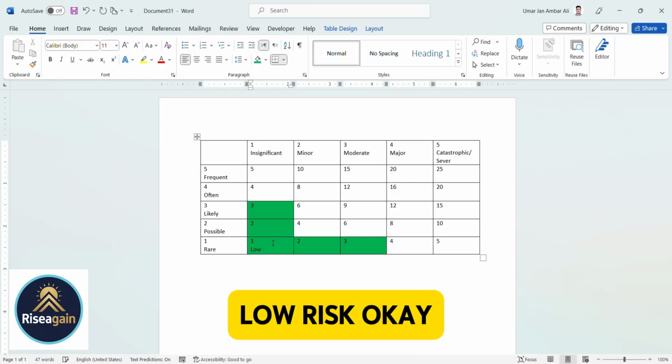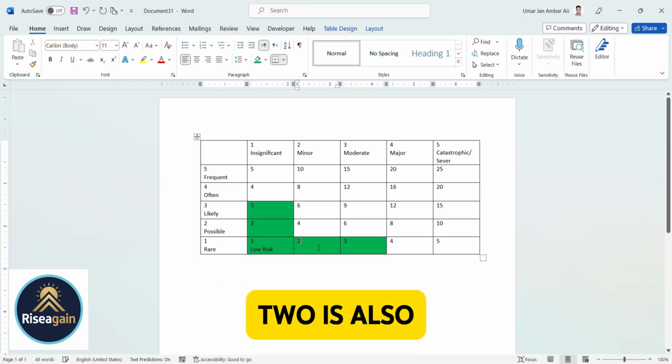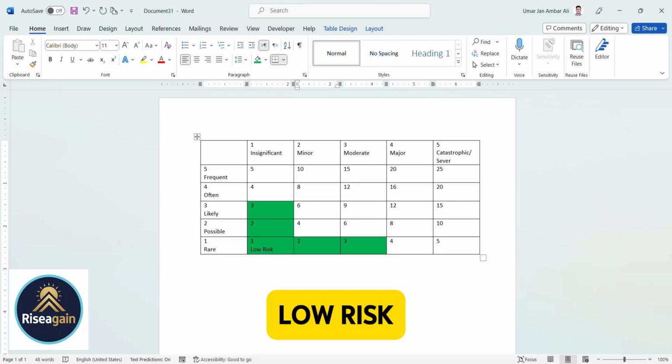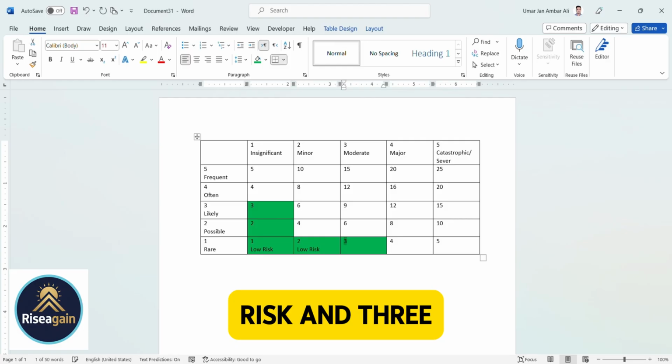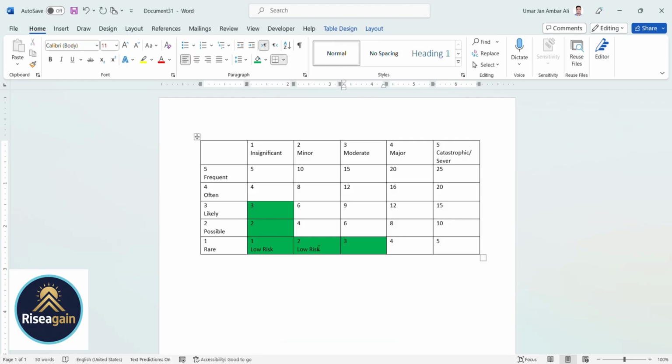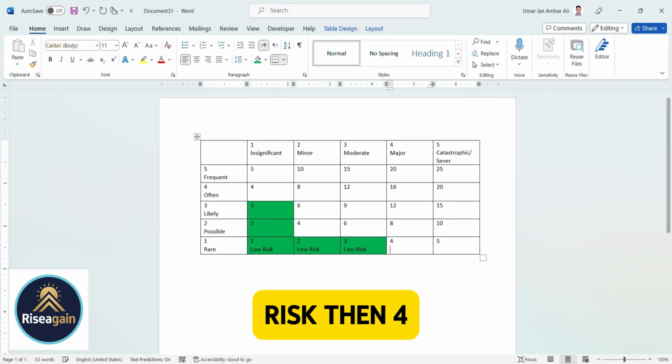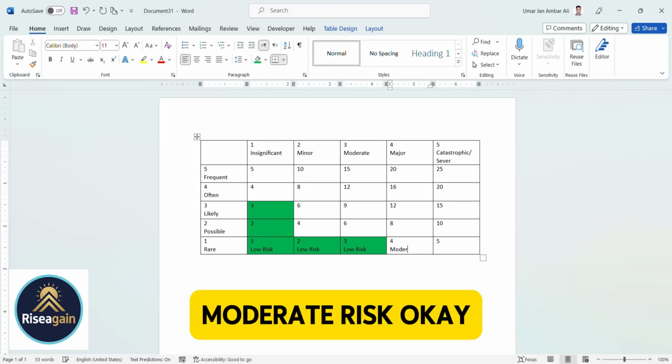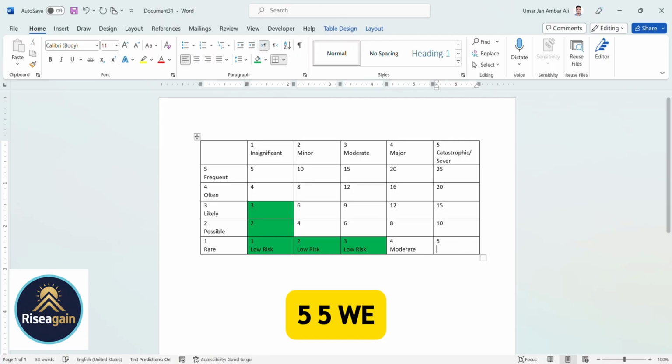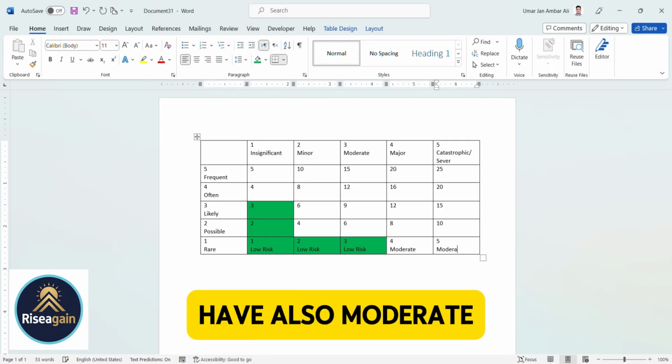This is low risk. 2 is also low risk, and 3 is also low risk. Then 4 we have moderate risk. Okay, 5 we have also moderate risk.